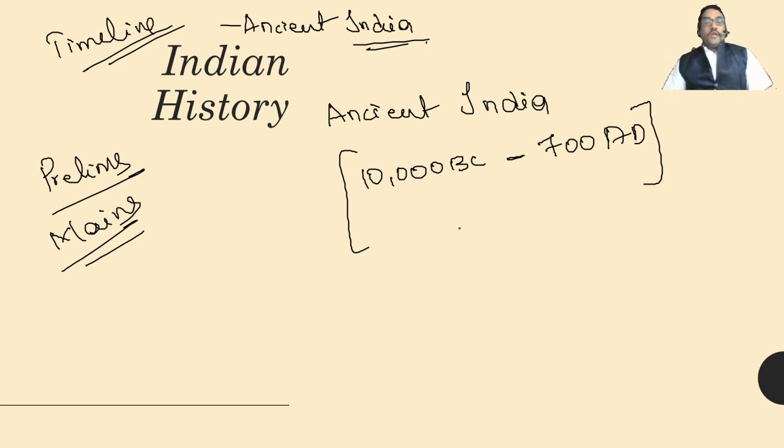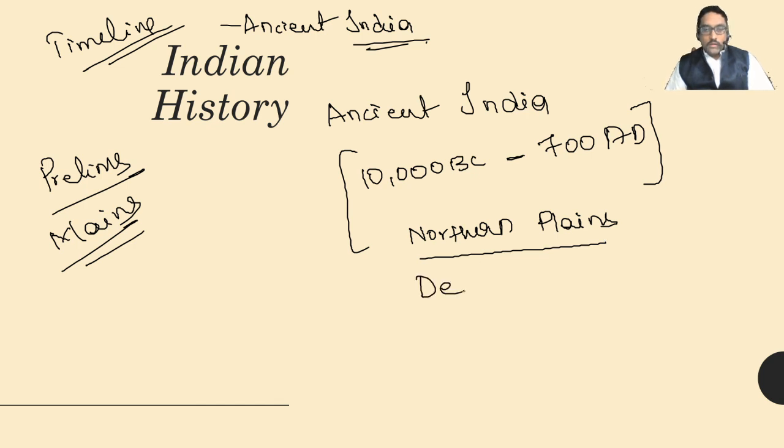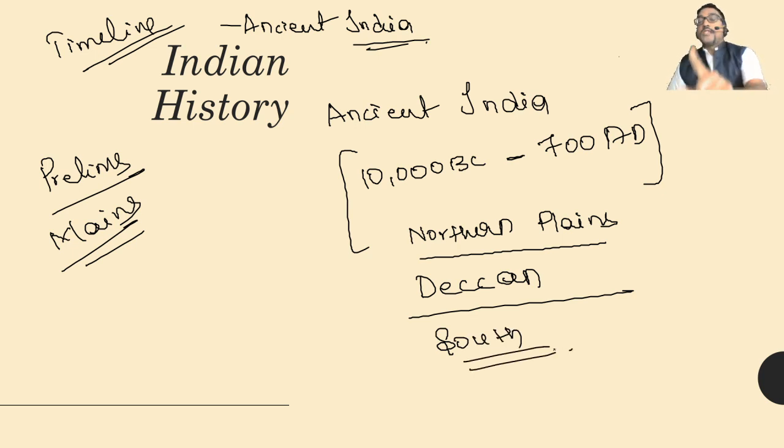And for our historical purposes, we can actually divide India into three parts: the northern plains, the Deccan, and the south. This actually helps us to understand the time periods quite easily, and also to answer all the timeline questions easily.